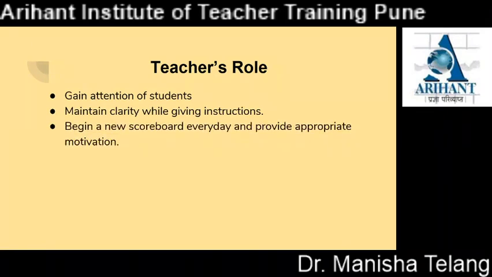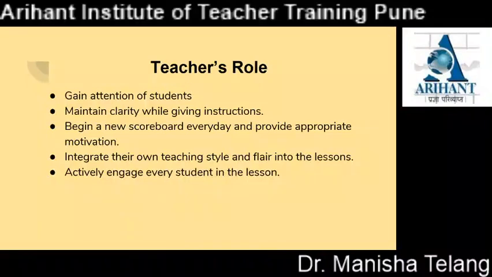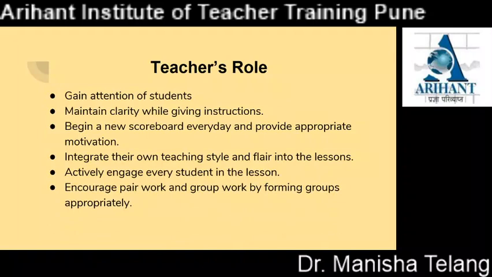Begin a new scoreboard every day and provide appropriate motivation. Integrate their own teaching style and flair into the lesson. Actively engage every student in the lesson. Encourage pair work and group work by forming groups appropriately.